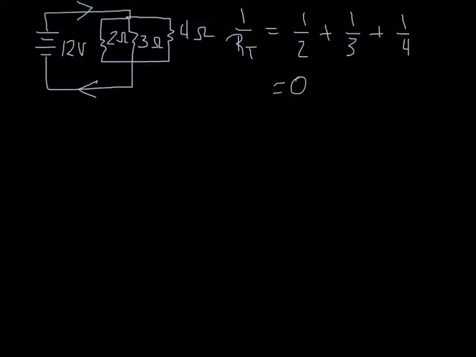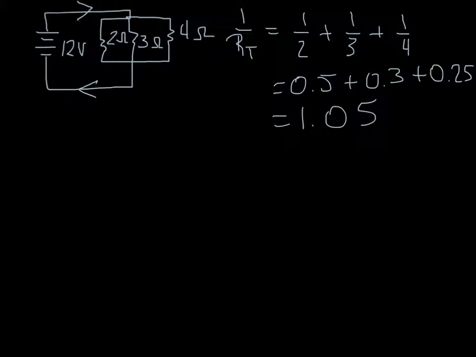So this is 0.5 plus 0.3 plus 0.25, which is 1.05. So that means resistance total is equal to 1 divided by 1.05, which is 0.93.